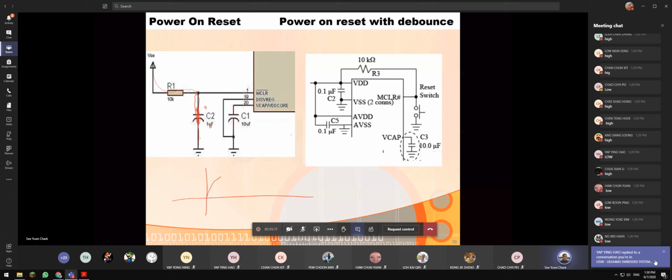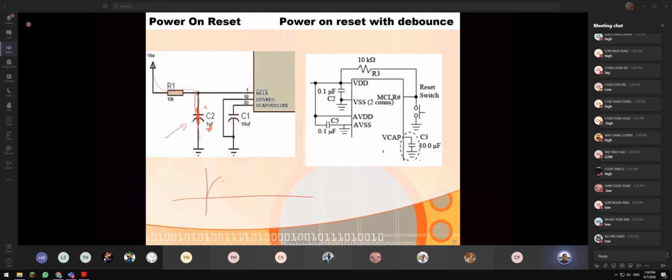So this means that for the reason of this 1 microfarad capacitor, I cannot simply choose one. I need to refer to the data sheet and identify how long it should be low before you consider the system reset. Low for how long? Let's say, for example, this will charge up until 3.3 volts here.